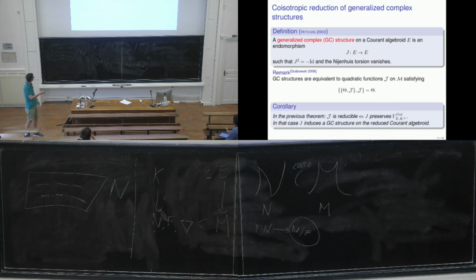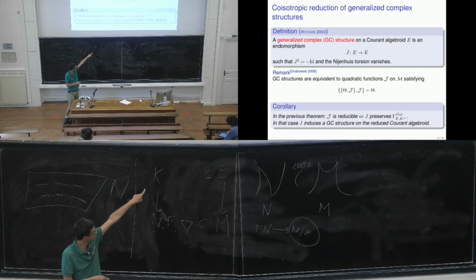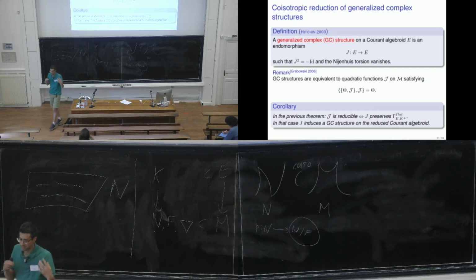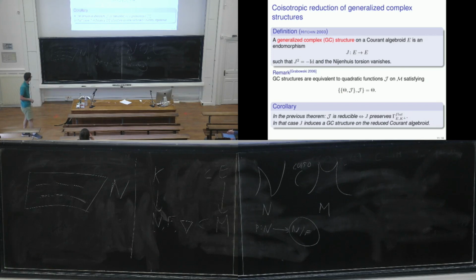And Grabowski realized that they can be interpreted as functions on the degree 2 symplectic manifold associated with the Courant algebroid. There is a minus sign missing there. And then, if you want the generalized complex structure to descend to the quotient, you have to ask something. The condition is just what was written here. Then the endomorphism has to preserve certain sections that restrict to K perp, et cetera, et cetera. If that happens, then it descends.